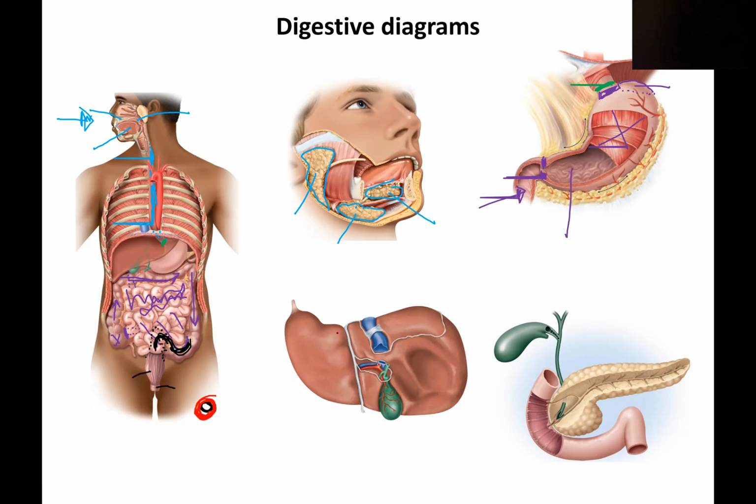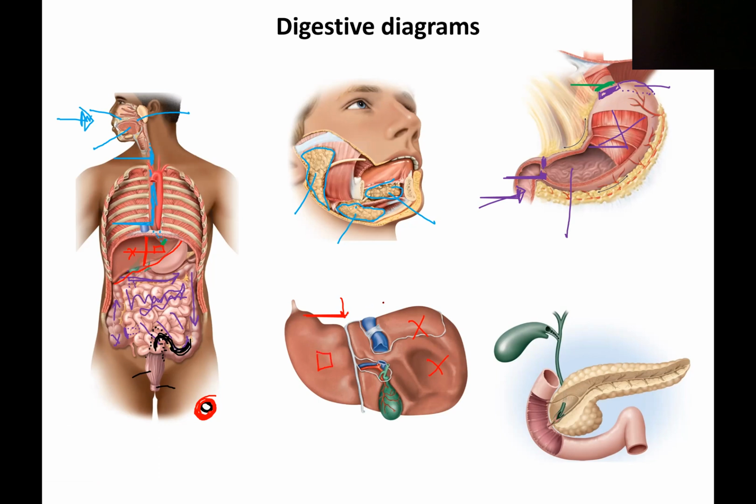They did put the falciform ligament here, but they didn't draw it in here. So this is the right lobe of the liver, right lobe of the liver, right lobe of the liver. And this would be the left lobe of the liver. And this is the edge. This would be the left lobe of the liver.